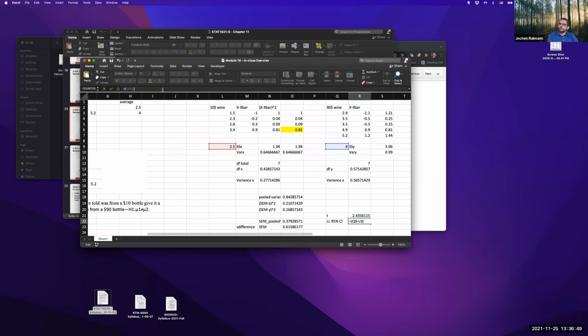No, this is now the lower limit minus 2.365 multiplied by your standard error of the mean. This is your S difference. So it gives us now 0.043.